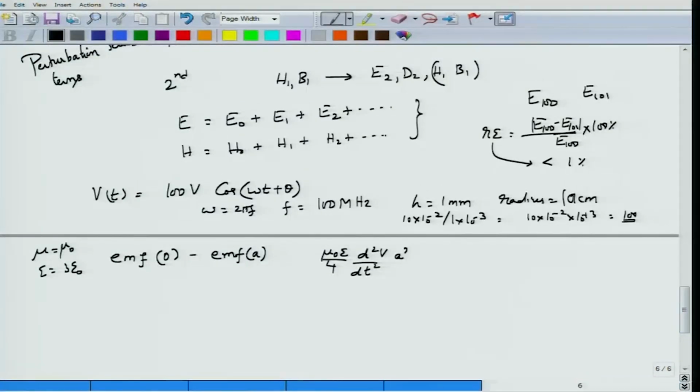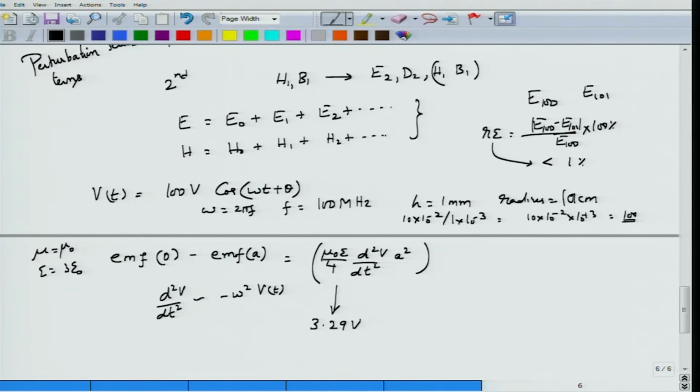Okay. So, substituting all these values and knowing that d square V by dt square actually goes as minus omega square times V of t itself, because cos omega t, once differentiated, becomes omega sin omega t, and the next time it becomes omega square with an appropriate minus sign. So, the difference, which would be this quantity, actually turns out to be 3.29 volts.